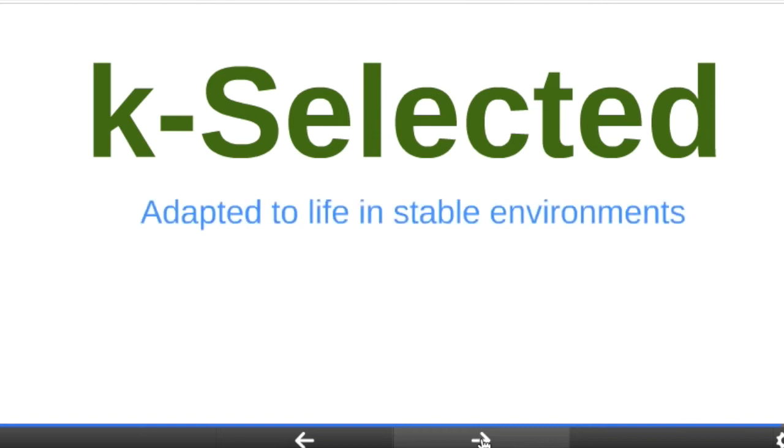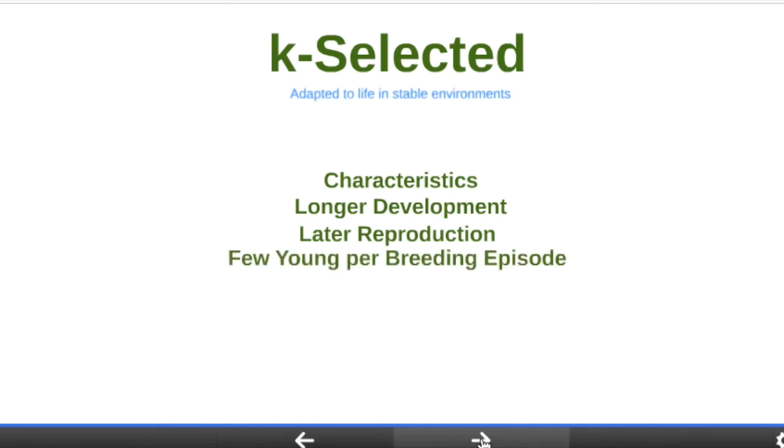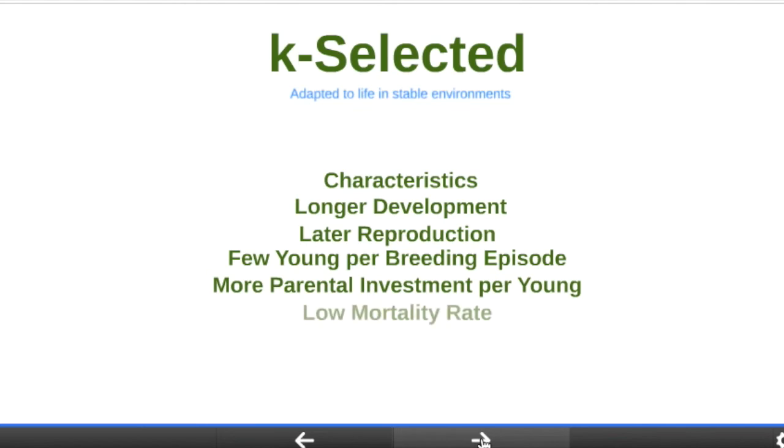K-selected species, on the other hand, are species that have evolved in very stable environments. Their characteristics include longer development times, later reproduction age, few young per breeding episode, a lot of parental involvement and investment in young, lower mortality rates, and a longer lifespan.